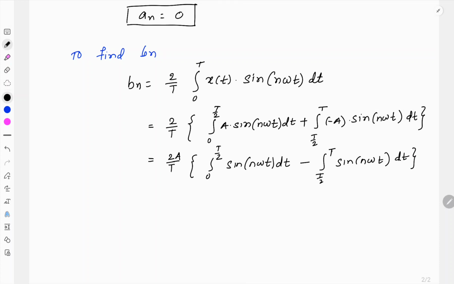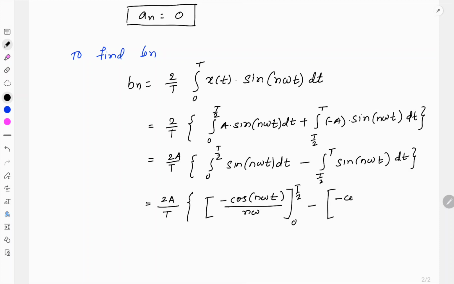We know that the integration of sine is minus cos, so 2A by T. First we have minus cos of n omega t divided by n omega with the limits 0 to T by 2, minus, for the second integration, again minus cos of n omega t upon n omega with the limits T by 2 to T.